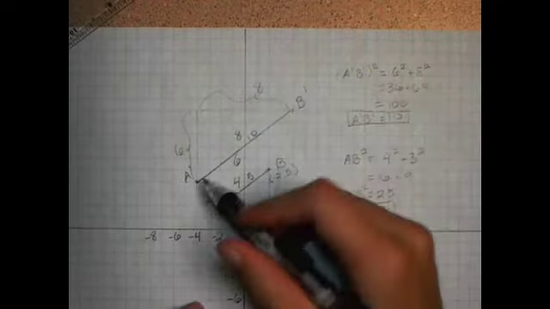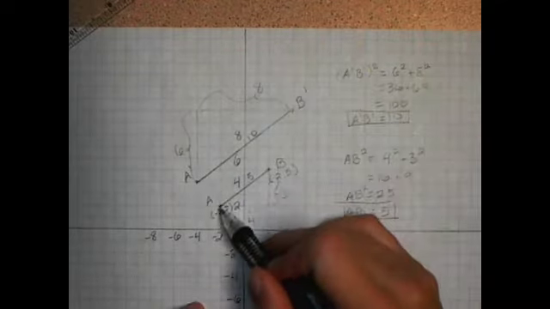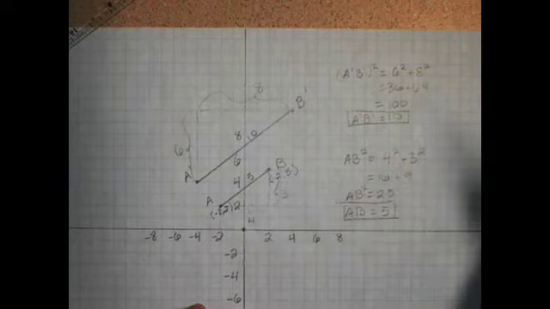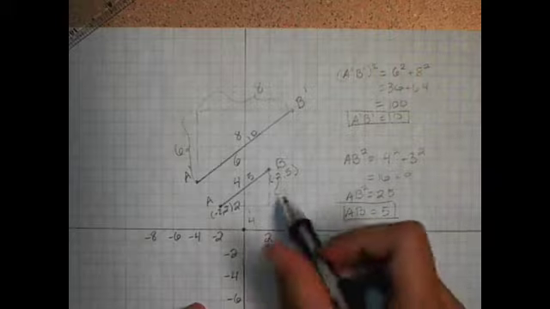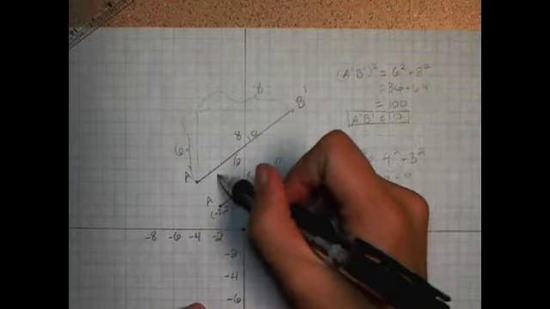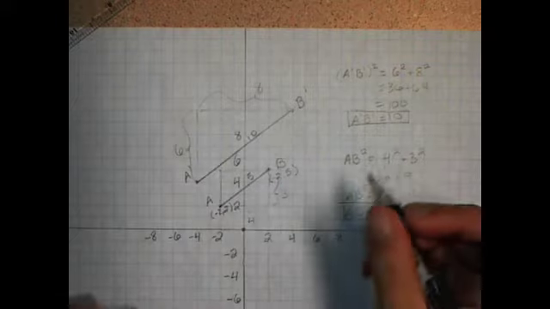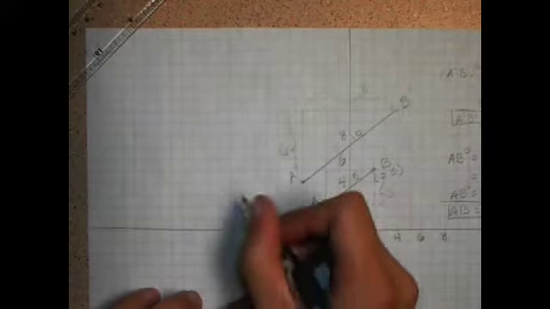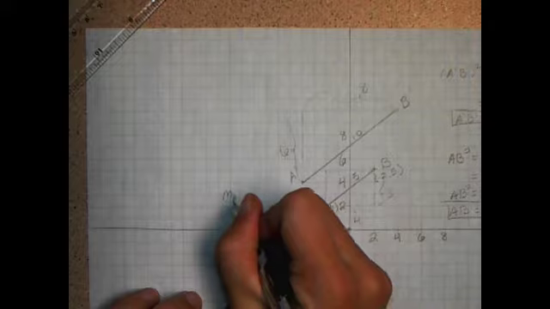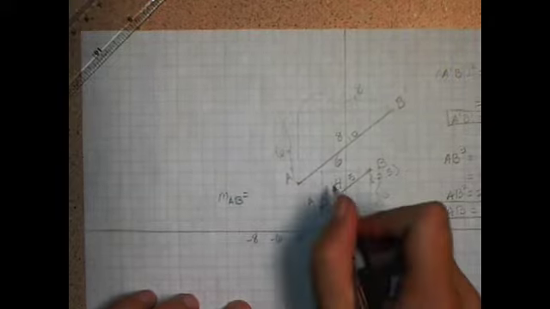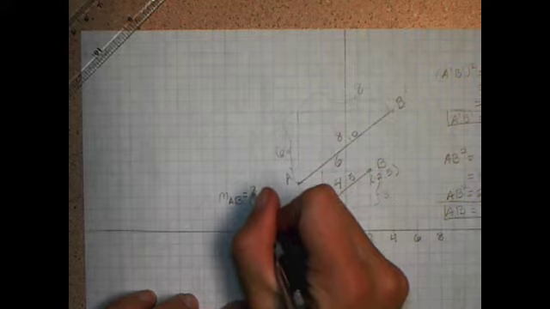I can also see, more or less by looking at it, these two look to have a similar slope. They look to be parallel. And I can test that. Here I see that I have a slope of 3 over 4. So the slope of AB is +3 over +4.